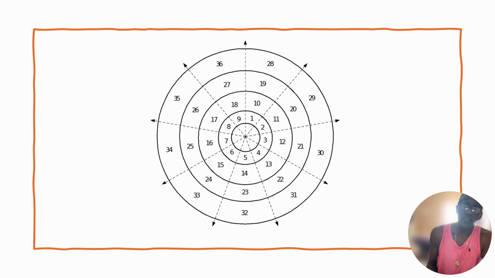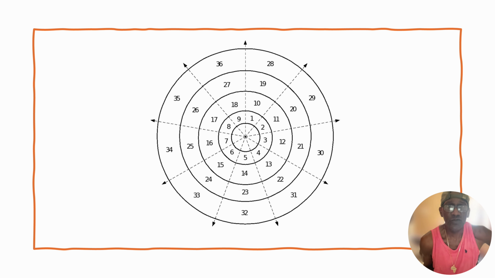Okay? The third circle continues this pattern with numbers 19 to 27 placed above the numbers in the second circle. Again, each number here aligns with its corresponding root number in the inner circle. Now, to illustrate the magic of the number wheel, consider the number 28.